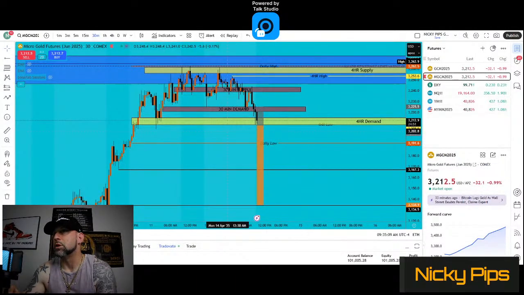So we're staying on the 30-minute just to kind of see where it wants to go. If we do have a pullback here, then we can actually look for buys. If not, then we can look for sells.